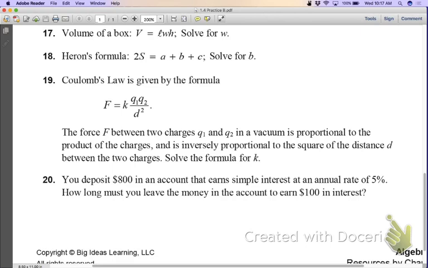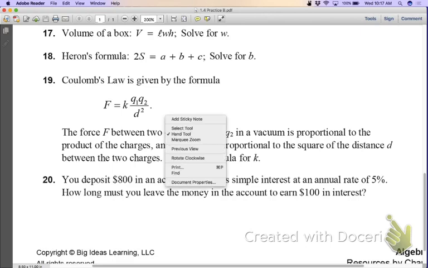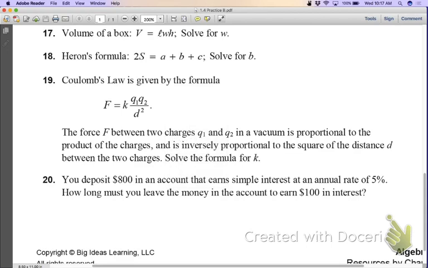We're solving for K. So if I have F equals K times Q sub 1 times Q sub 2 all over D squared, I could really just rewrite this, because K is getting multiplied, as F equals K times Q sub 1 times Q sub 2 all over D squared.